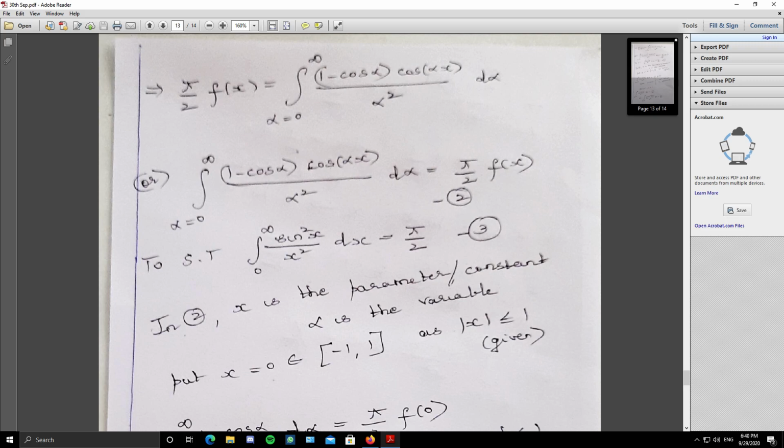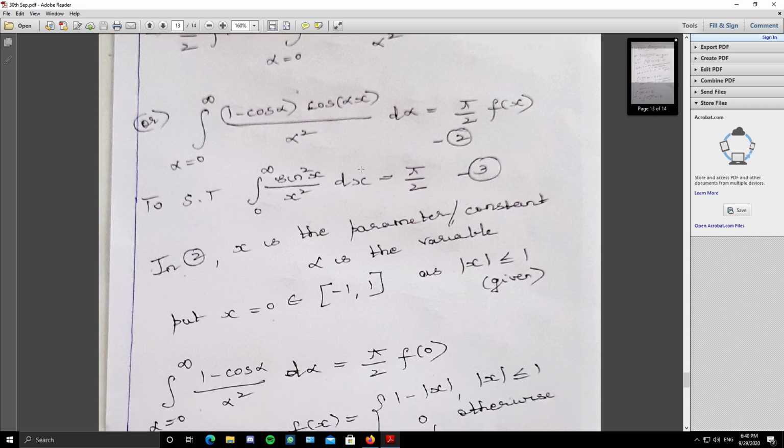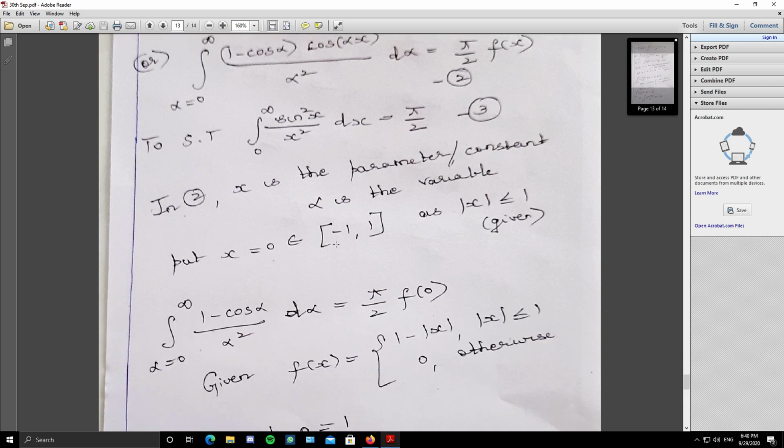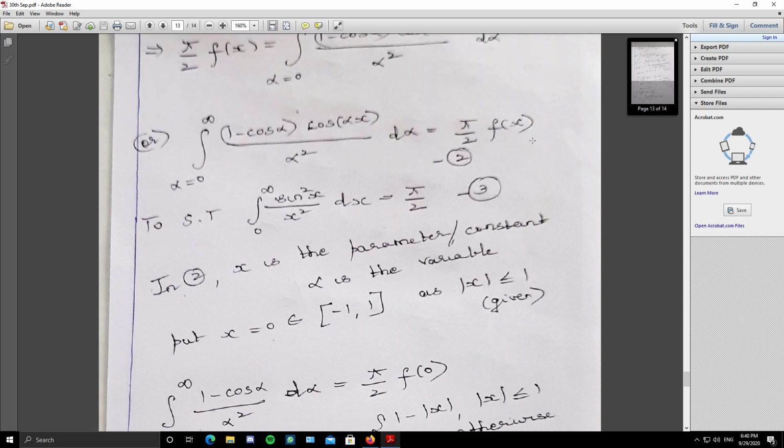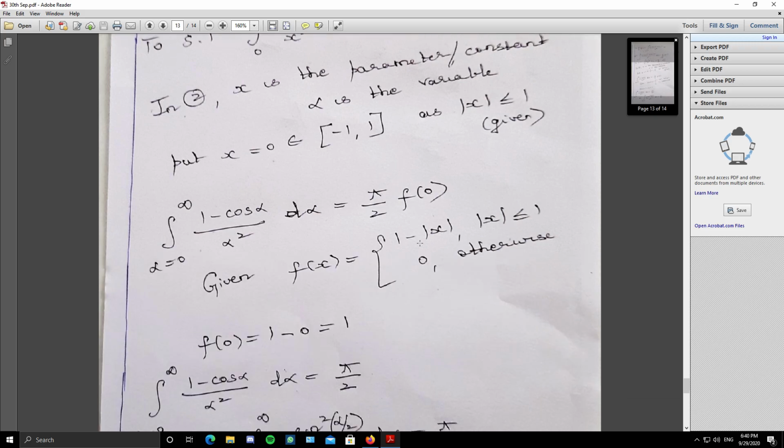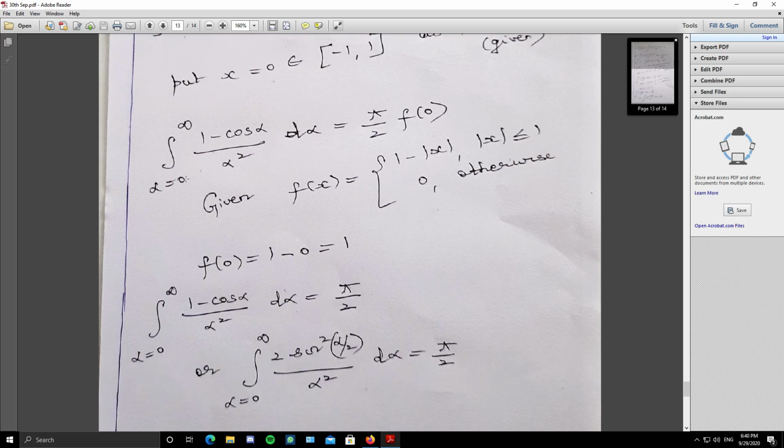So I am eliminating the cosine term by taking x as 0. So x equals 0 belongs to the interval minus 1, 1, because mod x is less than or equal to 1. So we have taken x as 0 in 2. Then f of 0 is 1. From this expression f of 0 is 1. So integral alpha equals 0 to infinity (1 minus cos alpha) by alpha square d alpha is pi by 2.